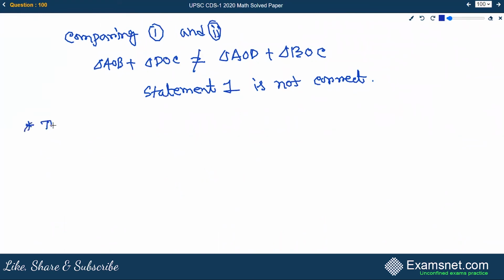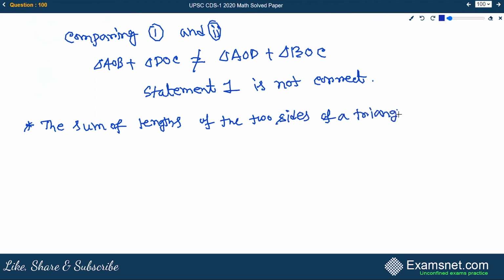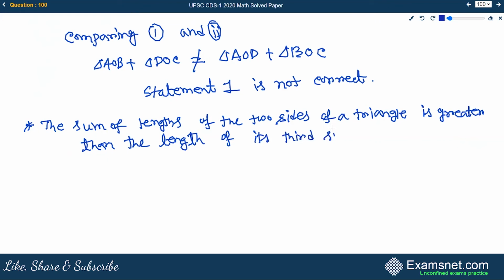That concept is we say triangle inequality, that is the sum of lengths of the two sides of a triangle is greater than the length of its third side. Right? Now look at the triangle ABD.